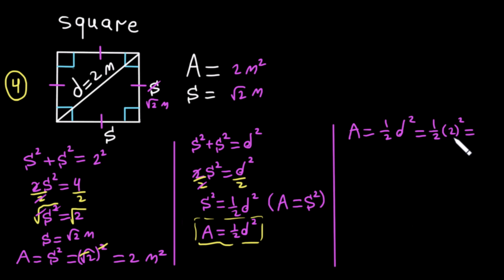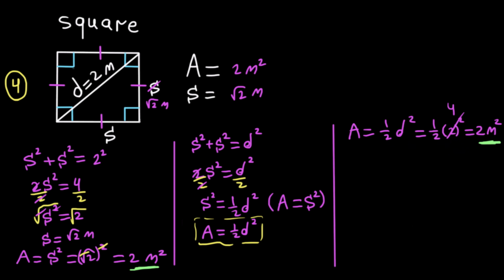As we know, 2 to the power 2 is 4, 2 multiplied by itself is 4. Half of 4 is 2. And of course here, square meters. As you can see, this answer is exactly the same as we have here. In just one line, we found the area.